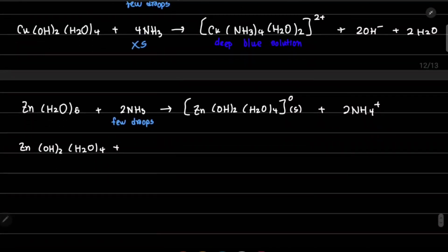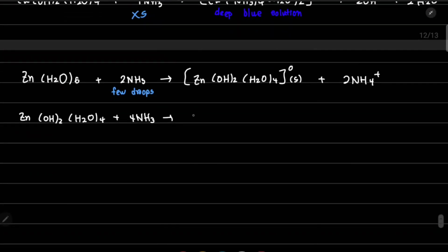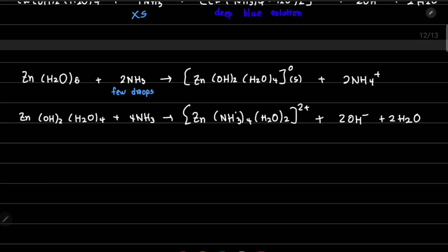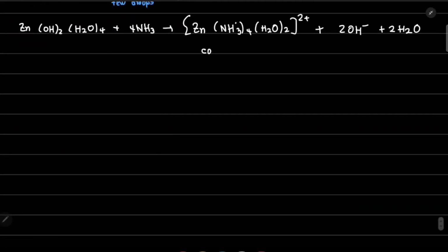A case like copper will have 4NH3 reacting to give us Zn(NH3)4(H2O)2. This has a charge of 2 plus. We have 2 OH minus being formed and 2 H2O being formed. This is colorless again. The fact this is colorless is because zinc is actually not a transition metal.